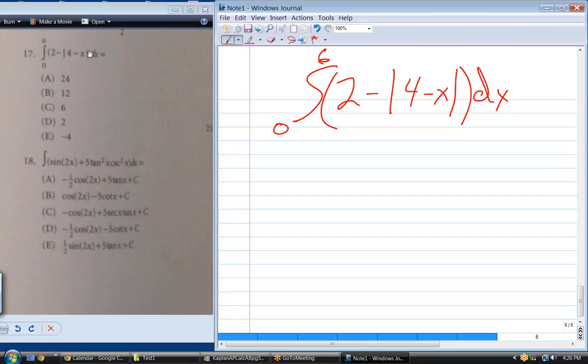Area under the curve. But with the absolute value, it's not a curve, it's like a V? Well, let's draw this curve. When x is 0, we have 2 minus 4, so we're at that point right there.